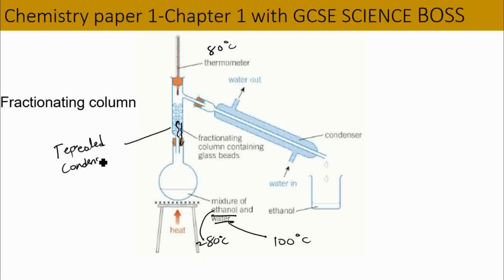So it's going to condense, fall back down, and evaporate until the vapor with the lowest boiling point, which is the ethanol in this case, gets to the top first. It goes through the condenser, it is cooled and then collected as the ethanol at 80 degrees. So it's going to be pure ethanol. At some point you will have a mixture of ethanol and water, but at 100 degrees it's just going to be water alone. Please note the difference between your fractionating column compared to your simple distillation.